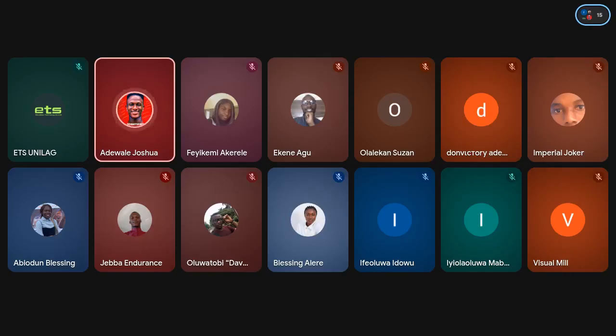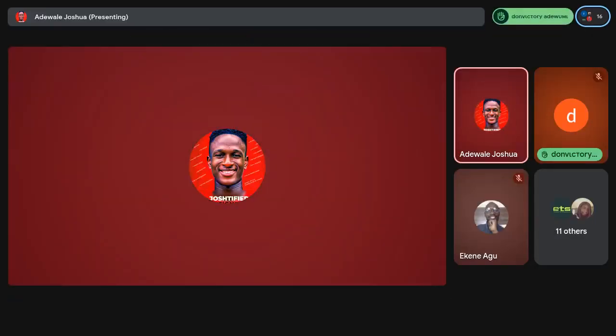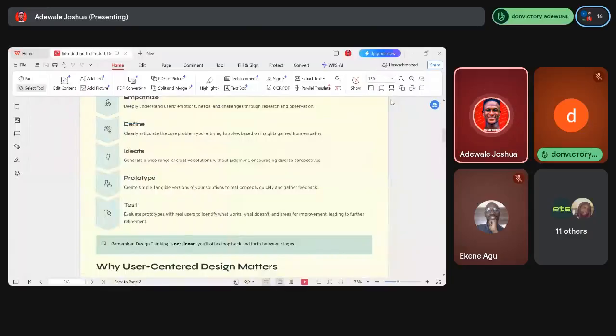So now, ideate: generate a wide range of creative solutions without judgment, encouraging diverse perspectives. That was why I asked if any one of us has a solution. Yeah, Don Victory, you will ask your question. Let me just finish this part. So this is where we need the entire team to think, to profile solutions, to give us headway on how we can solve this problem.